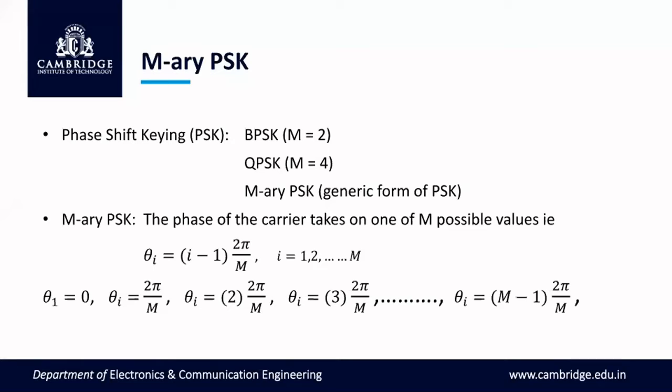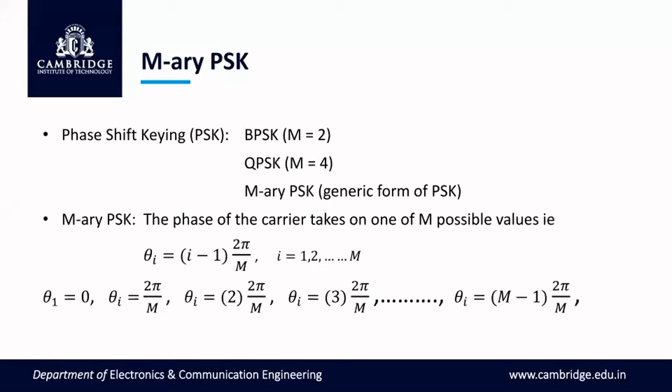So the data rate is going to be 3 times more than that of BPSK. The effort is the same, but the number of bits per carrier signal will be more. So in this way, M-ary PSK, in generic form, is going to be very important.